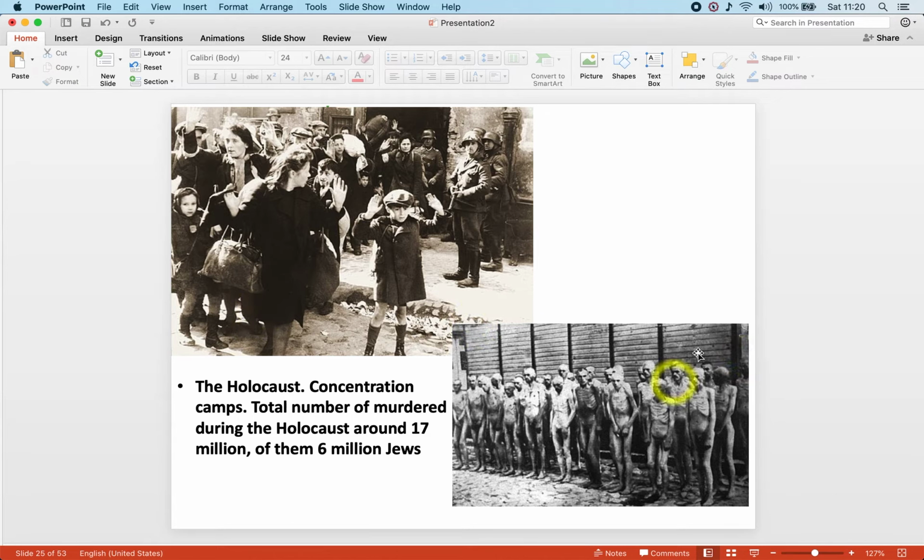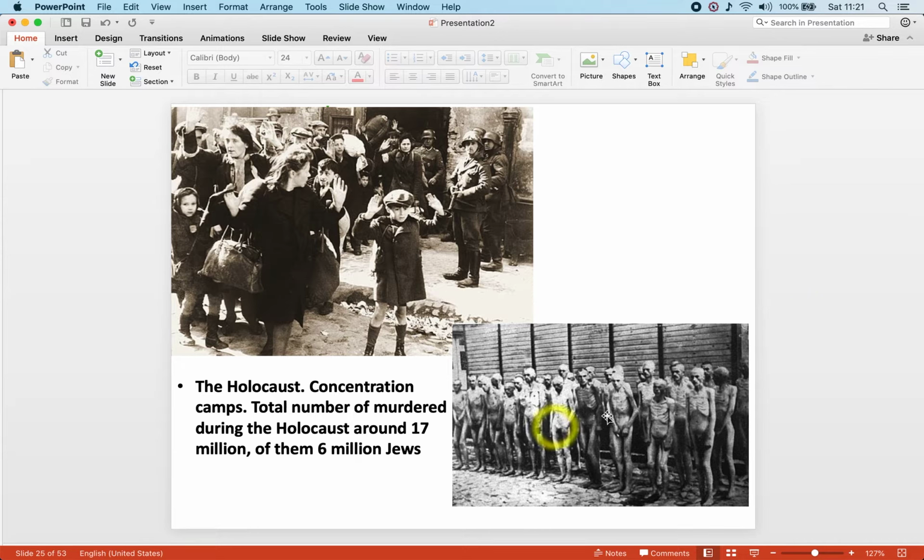So concentration camps were used by the Germans to do many things. For example, there were work camps, where prisoners would be worked, and usually they would be worked to death.